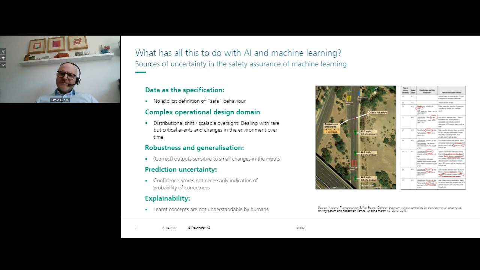So what's all this got to do with machine learning in particular? What you can see here on the right of the slide is actually an accident report from NTSB, where a prototypical vehicle running in automated driving mode collided with a pedestrian, and the safety driver was distracted at the time and therefore couldn't prevent the crash.